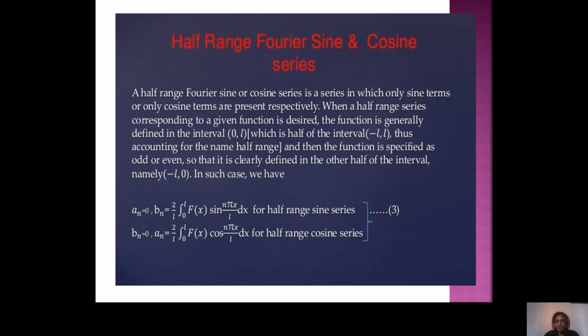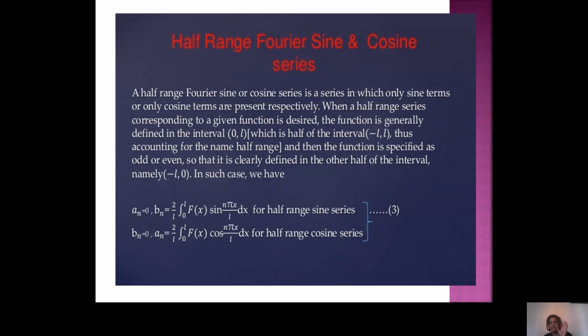So an equal to 0, bn is equal to 2 by L integral 0 to L f of x sine n pi x by L dx for the half range sine series. If bn is equal to 0, an equal to 2 by L integral of 0 to L f of x cos n pi x by L dx for the half range cosine series.